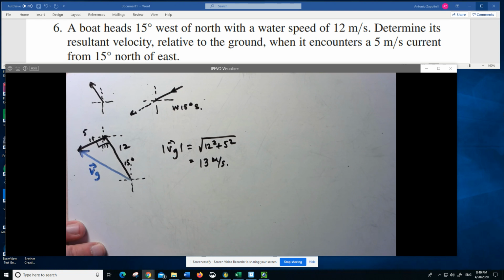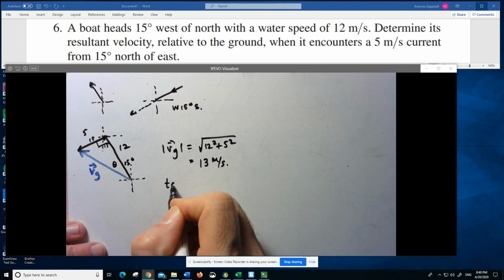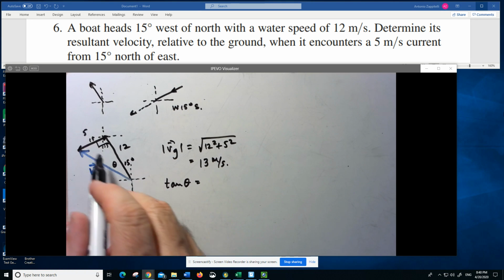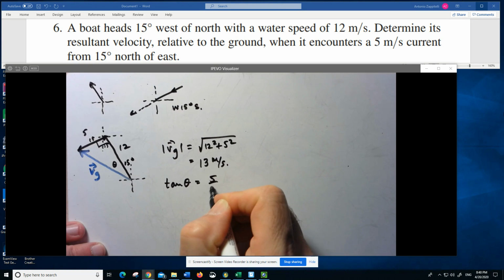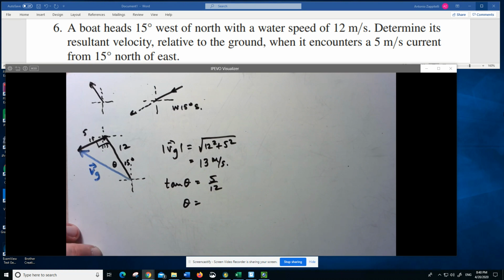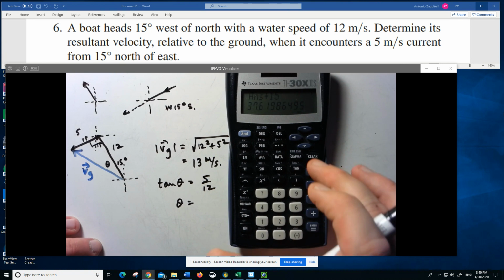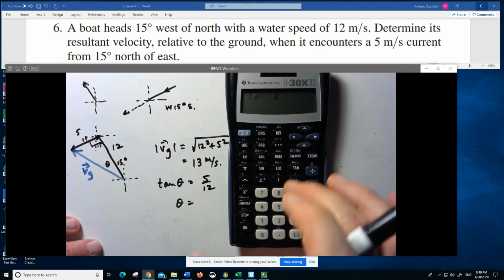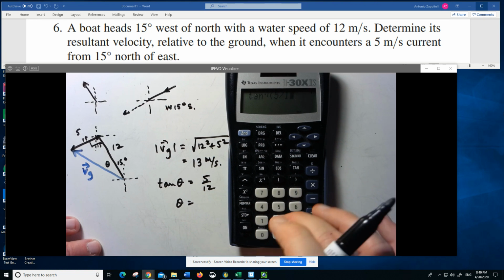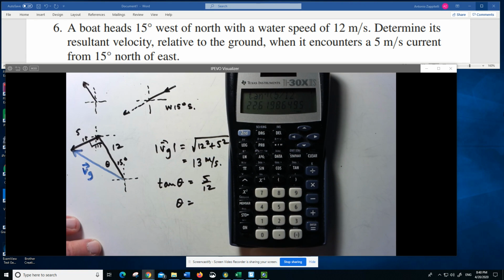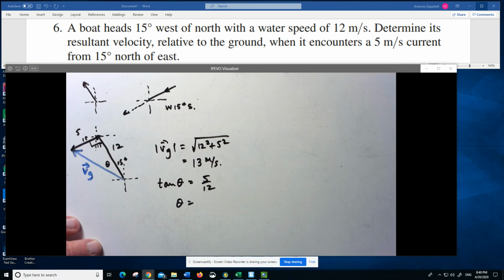And now, in order to find the direction, it makes sense to find that angle there. Again, I can use any of my trig ratios, but I might as well work with the 5 and 12. So we know that tan of theta is equal to 5 over 12. So theta is equal to, let's get our trusty calculator here, inverse tan of 5 divided by 12, and that's 22.6.